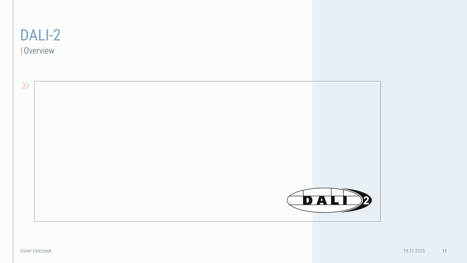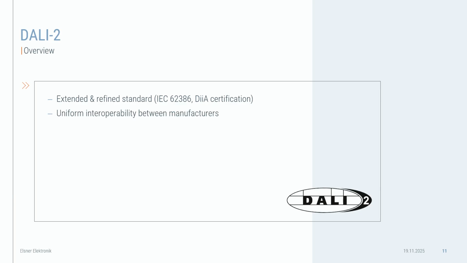Now we move to DALI 2, which was the next step in the DALI standard, and it's an extended version. It's also defined under the same IEC standard, 62386, but certified by the DiiA. And the DiiA here is the Digital Illumination Interface Alliance. DALI 2 ensures the devices from different manufacturers work together reliably, so interoperability is consistent.